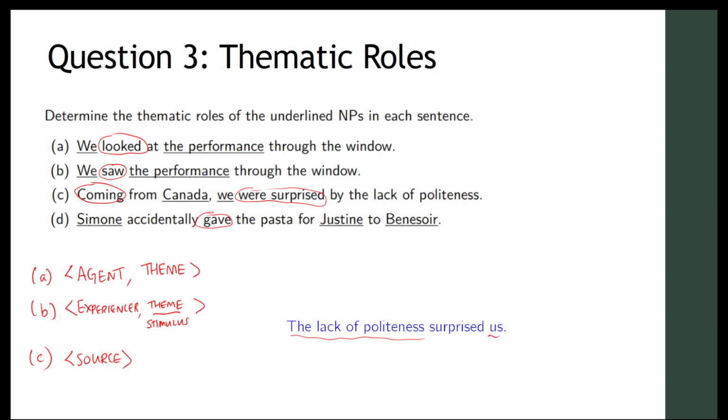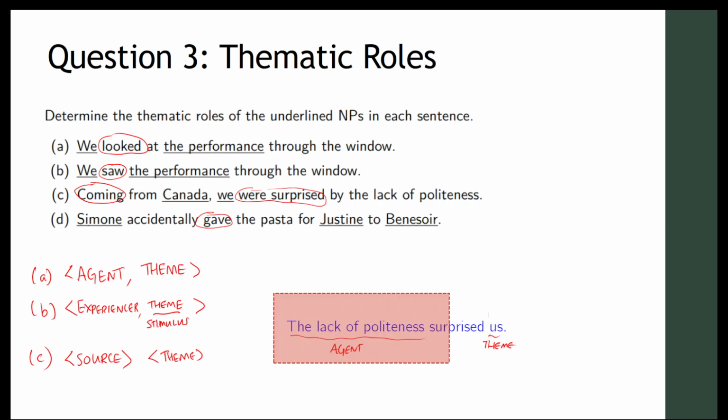If we say the lack of politeness surprised us, this you can think of as either an agent or something that's causing the surprising, and us in this case is going to be the theme of surprising. So when we passivize it, the roles stay exactly the same. So this we is not an experiencer or an agent, but rather it's a theme because of the passive transformation.